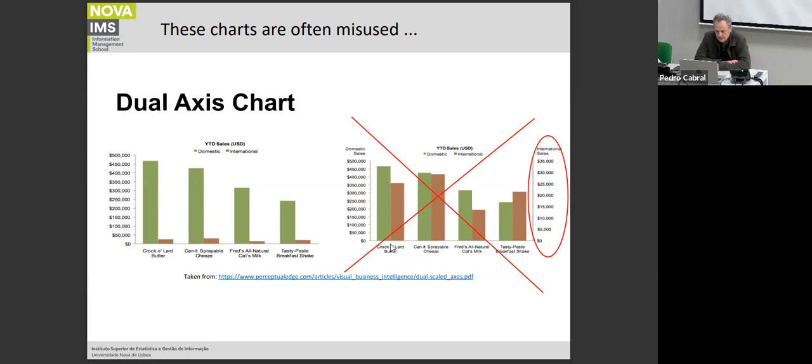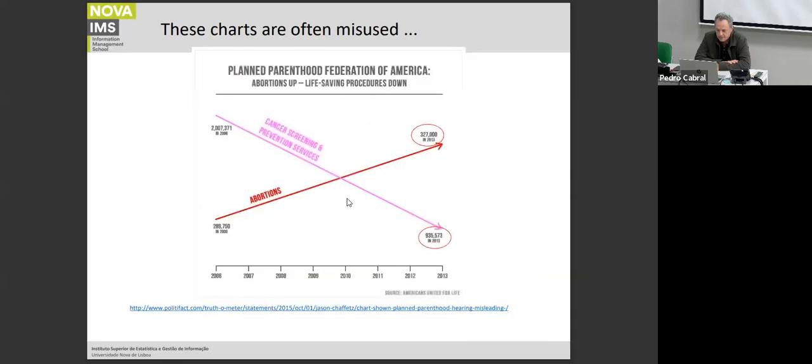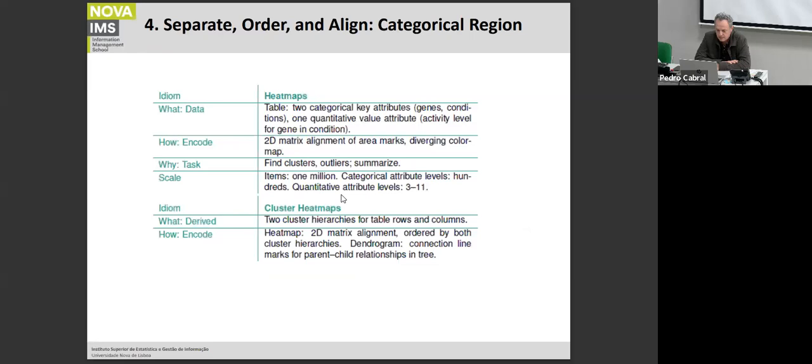So this is a very wrong visual perception. It looks like the values are comparable, which they are not, but we should use the same scale for representing the same units. On the left, it's the correct representation. On the right, it's the wrong representation.